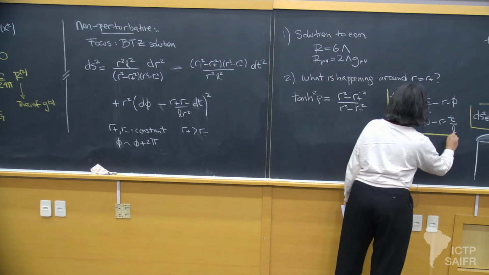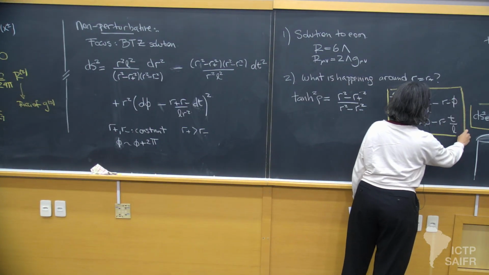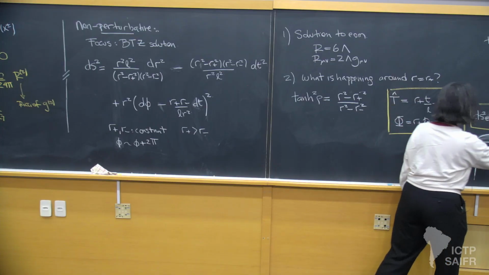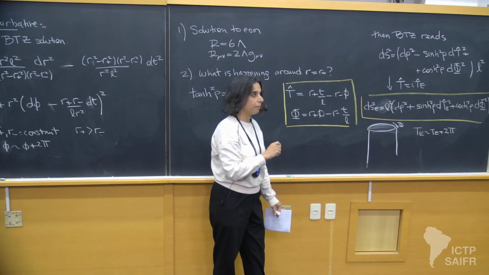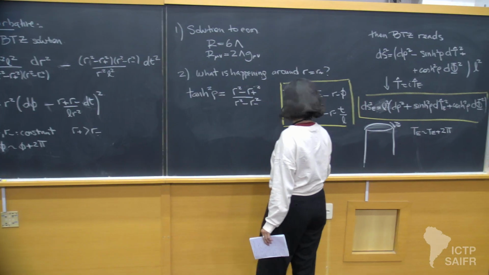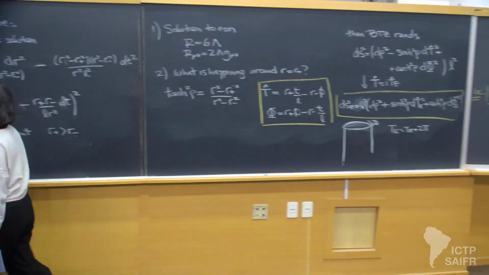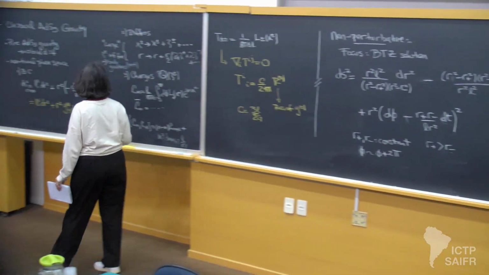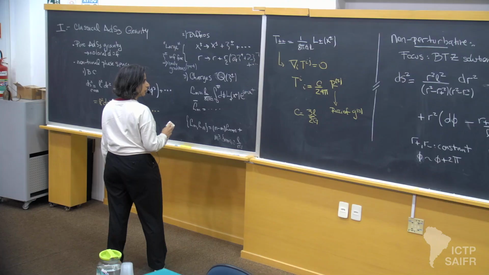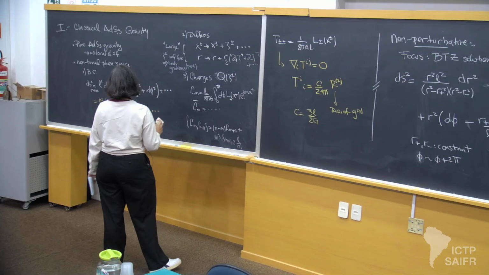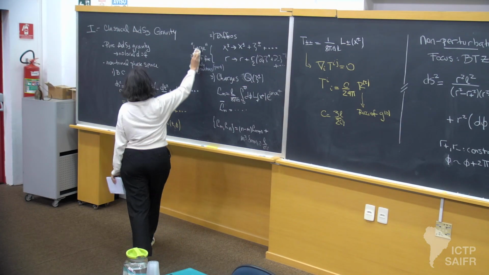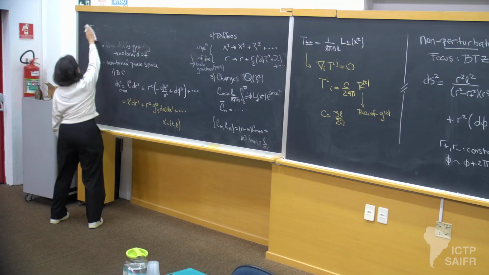So now by looking at this map, I can see what are the implications of basically my identifications. So let's do that carefully because that's going to be important.